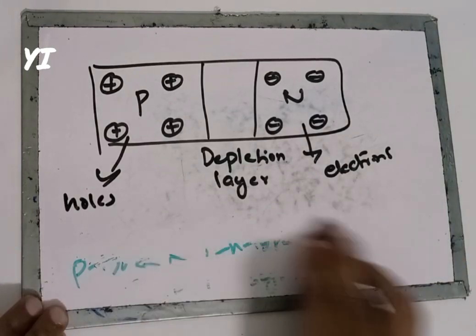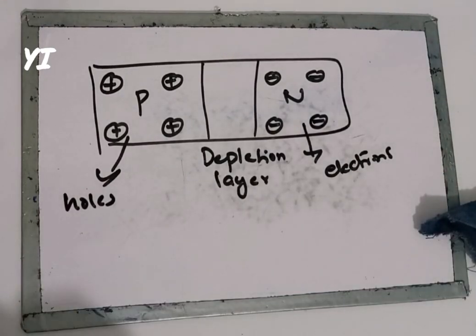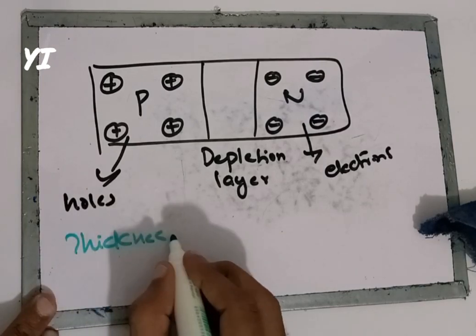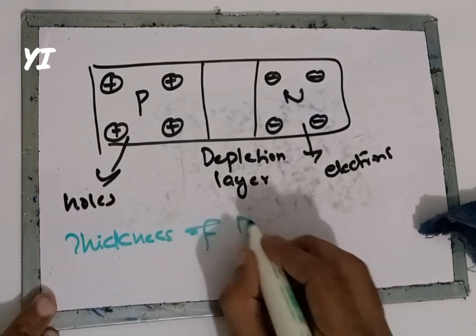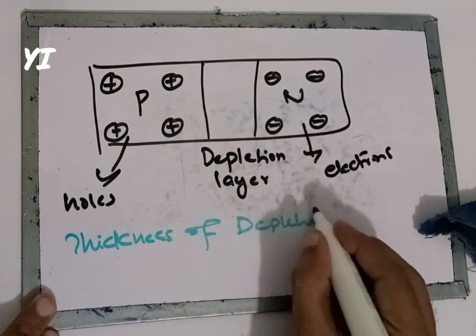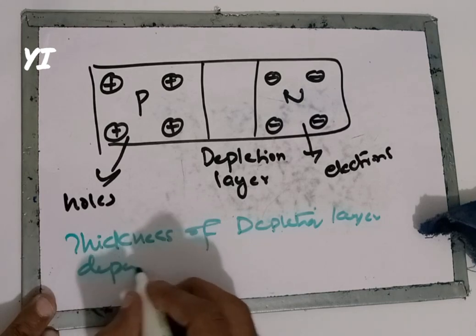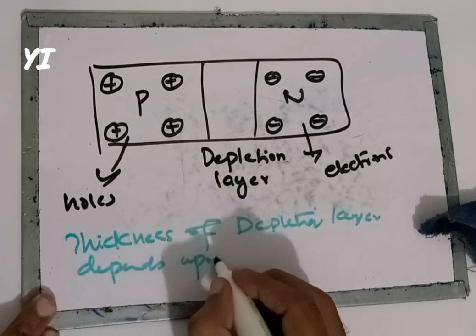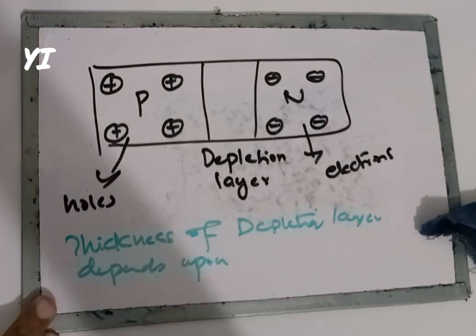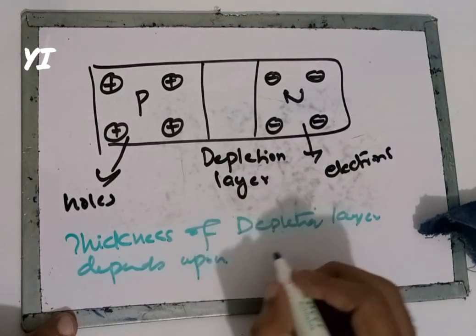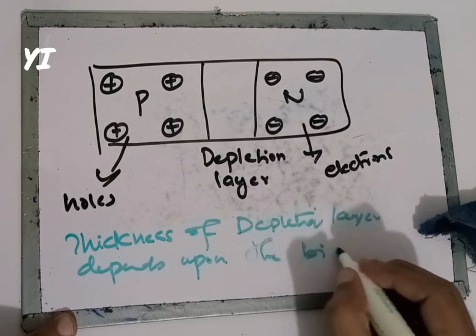So we can write that thickness of the depletion layer depends upon the biasing.